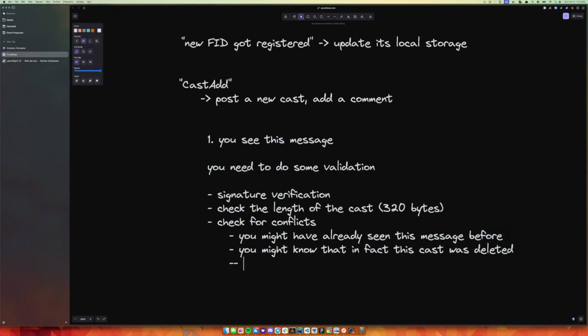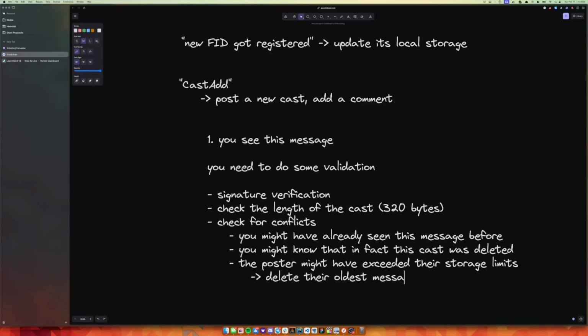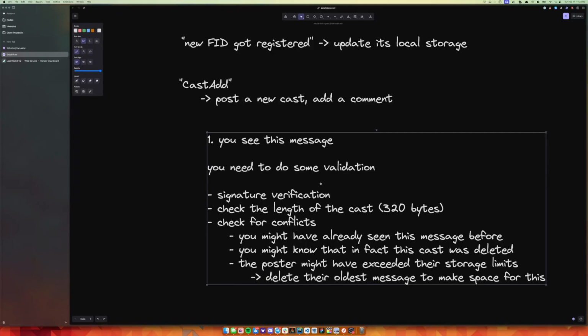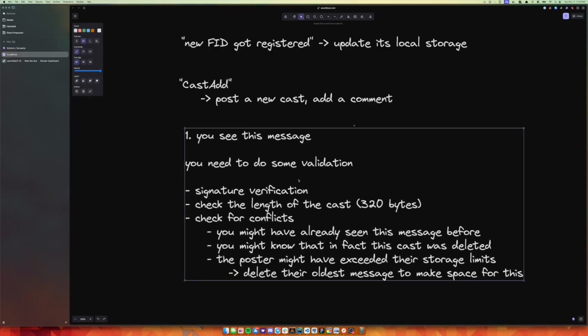And the poster might have exceeded their storage limits with this cast, in which case you also need to do stuff like delete their oldest message to make space for this. Those are just some examples, not in order, but just to give you an idea.